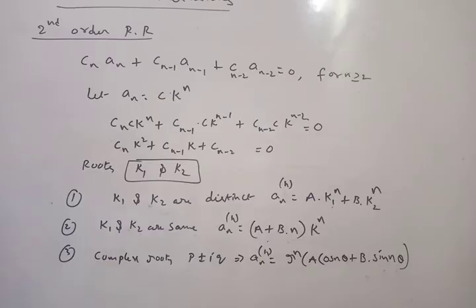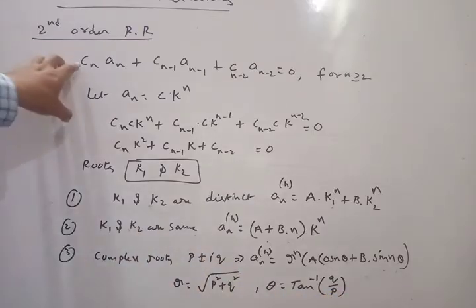So what are r and theta here? Here r is equal to the square root of p² + q², and theta is equal to tan inverse of q by p.